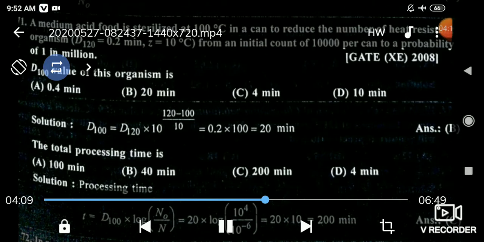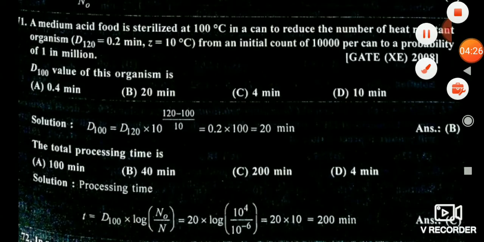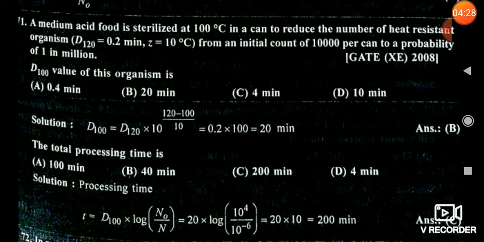And finally n value is in the probability of 1 in million. 1 million is equivalent to 10 to the power 6, and probability of 1 in million means 1 by 10 to the power 6. Our 1 by 10 to the power 6, when I write in terms of n, it is 10 to the power minus 6.